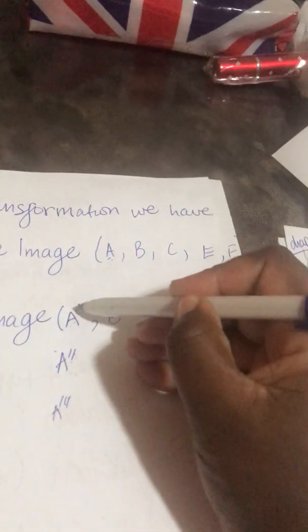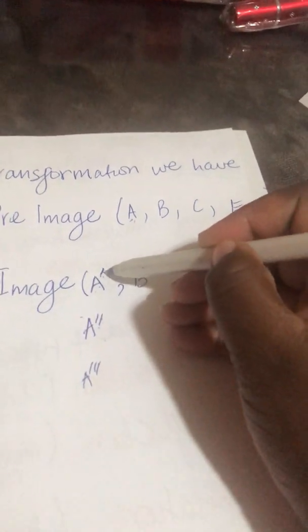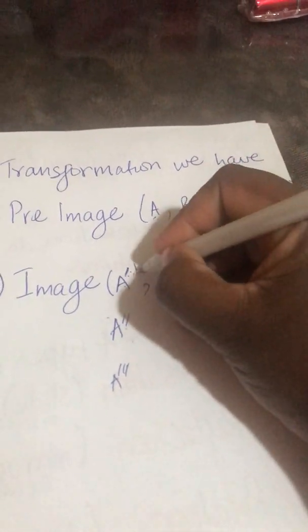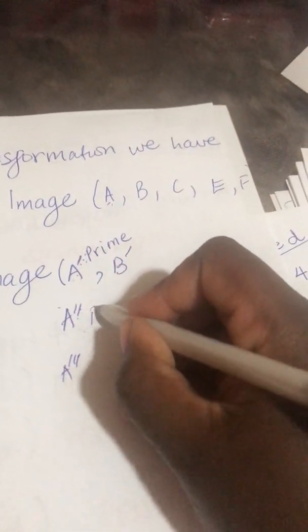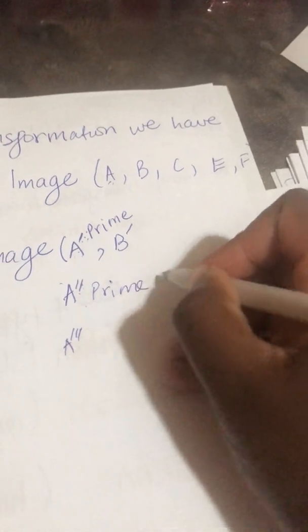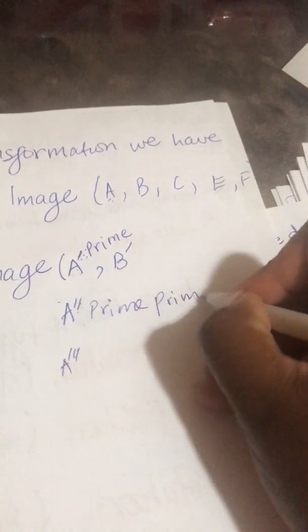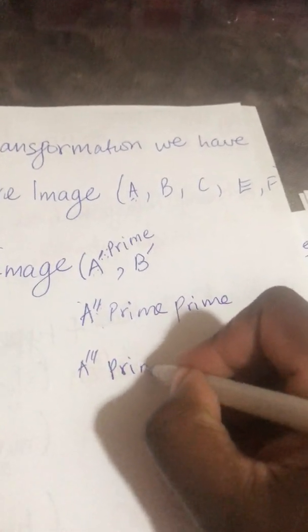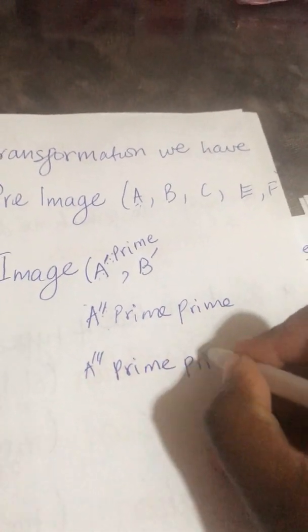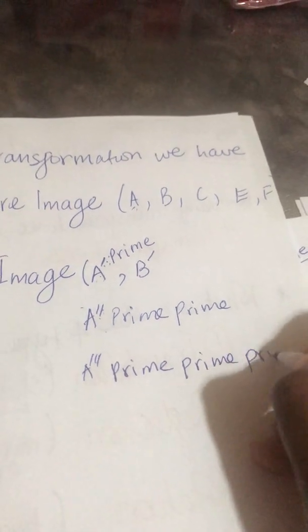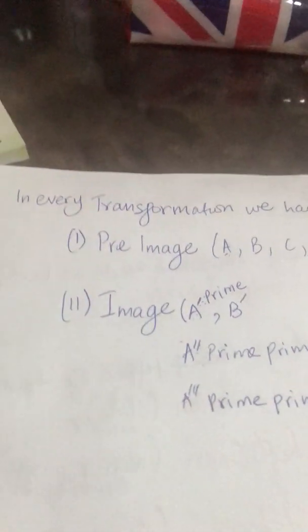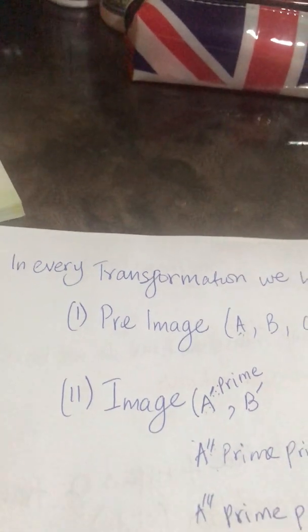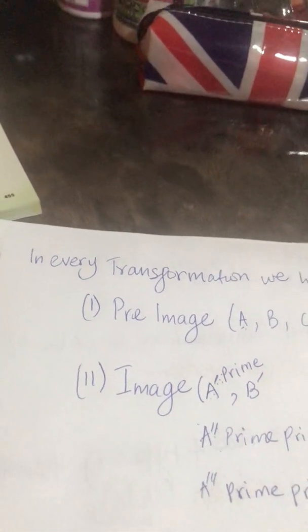So this sign is called prime. Prime sign, or prime symbol. So I would say A prime. Here I will say A prime prime, because it is two of them. Here I will say A prime prime prime, because it's three of them. Okay? So that's how you read. Okay? So you need to know that.